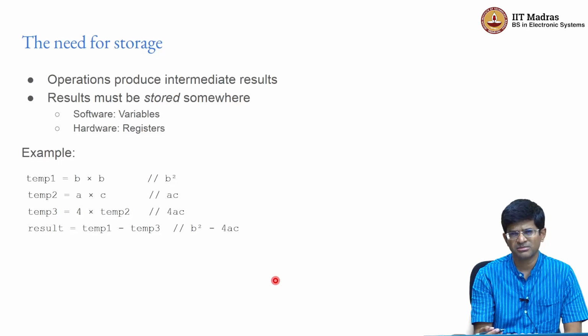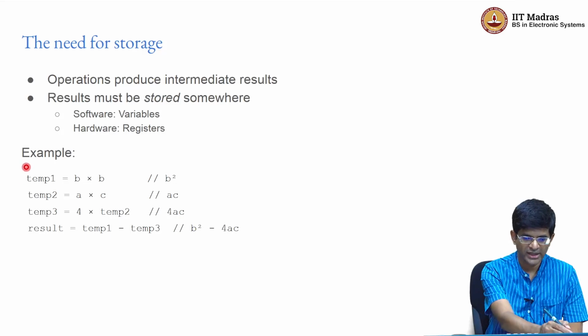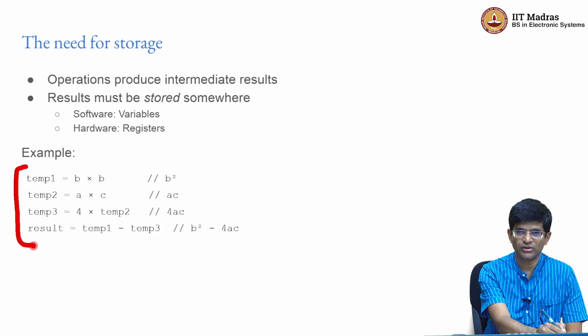But for all practical purposes, memory can just be thought of as a much larger pool of registers from which you can perform any kind of storage that you like. So right now I am just going to assume that I have access to registers as and when I need, and I can use them to store data. Alright, so we can see how we are able to break this set of operations down into a set of temporary computations, resulting in a final value that is of interest to us.